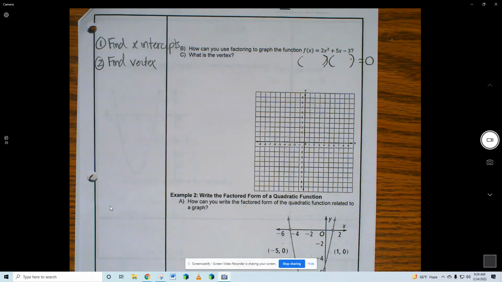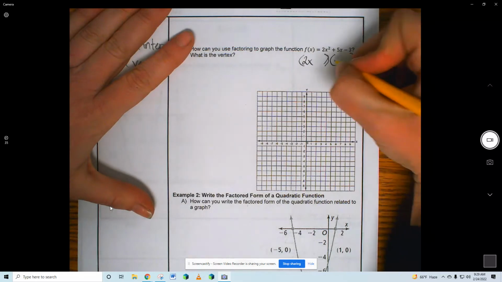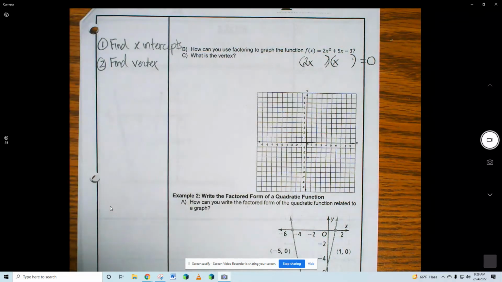How do I make 2x squared? What are 2 things? 2x and x. It has to be. So 2x and x. Obviously, that's going to be my first, right?